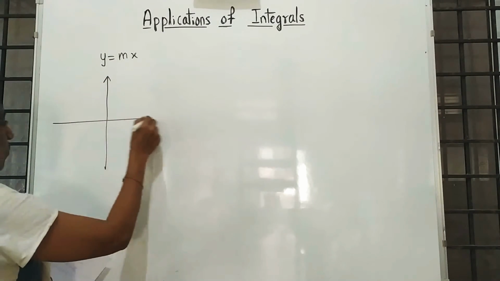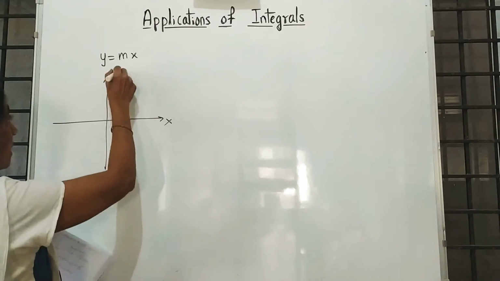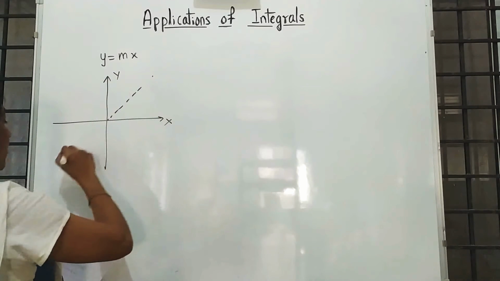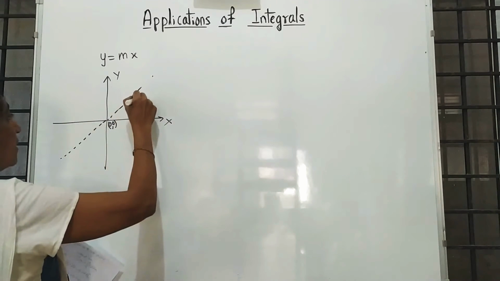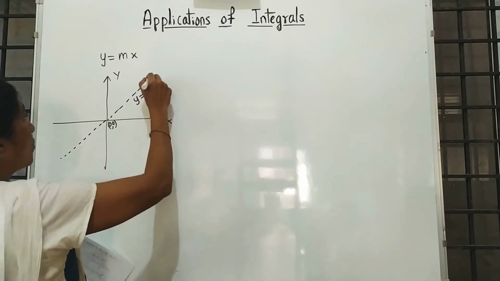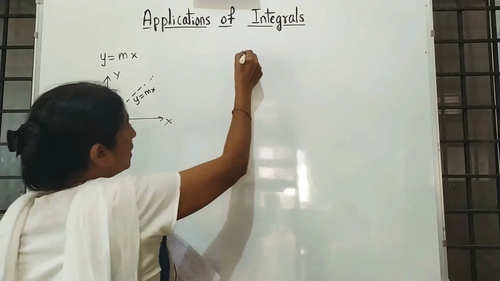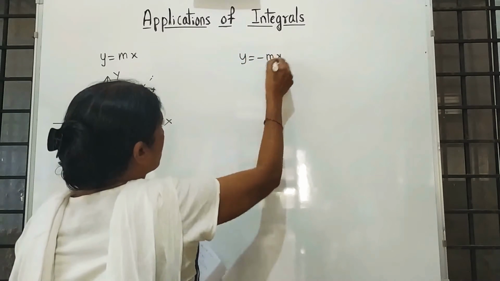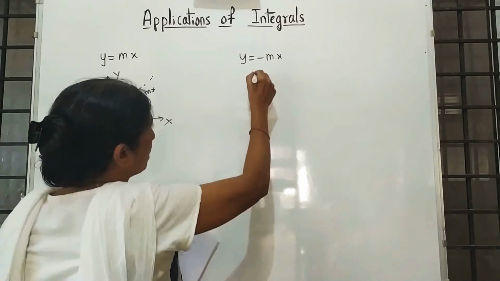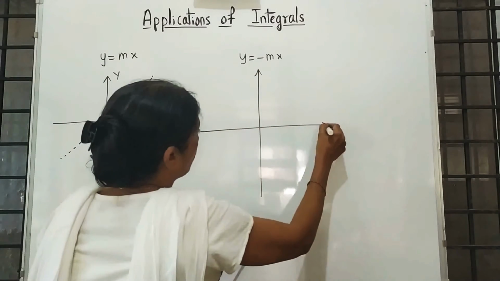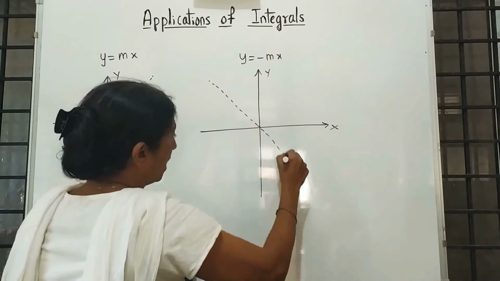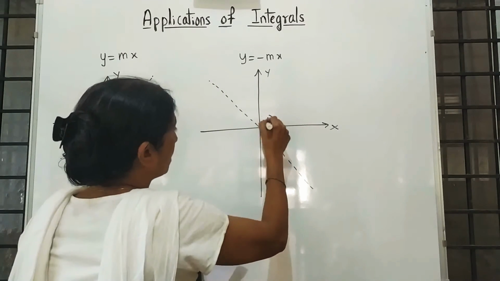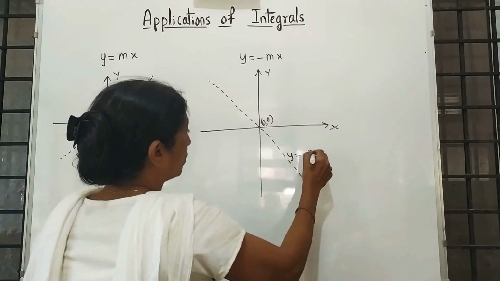And if it is y is equal to minus mx, this is also a straight line passing through the origin, but it comes in the second and fourth quadrant.